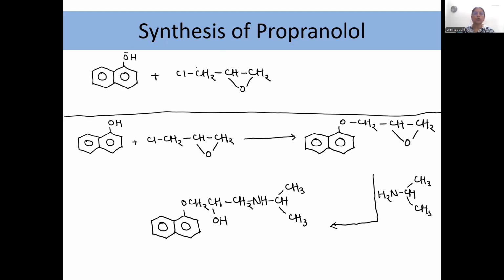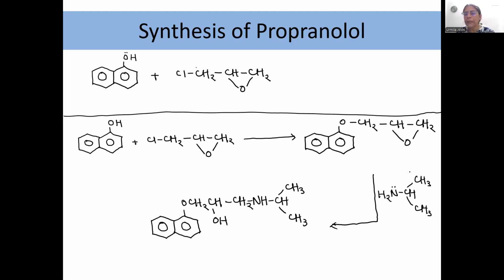Those who are not very comfortable with backward synthesis, just have a look at the forward synthesis. Alpha naphthol, when it is treated with epichlorohydrin, HCl is lost and you get substituted ethylene oxide. Okay, this substituted ethylene oxide, when it is treated with isopropylamine, what happens is this lone pair of electrons on nitrogen attacks the terminal carbon.